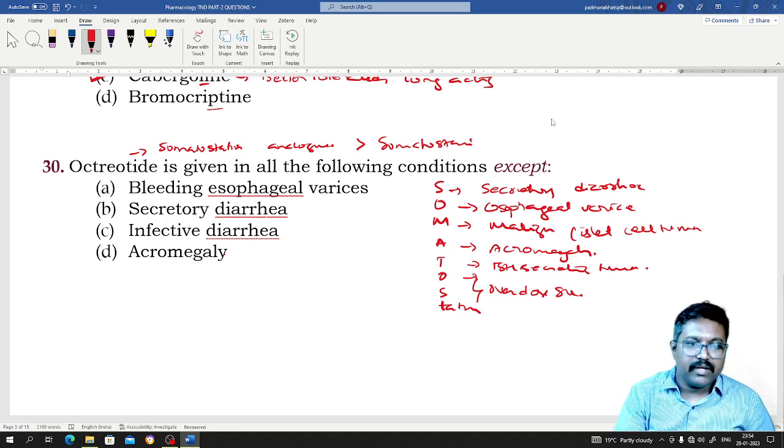So we can use in acromegaly, yes, secretory diarrhea, yes, and also in case of esophageal varices, but not in case of the infective diarrhea. So the drug exception here is infective diarrhea.